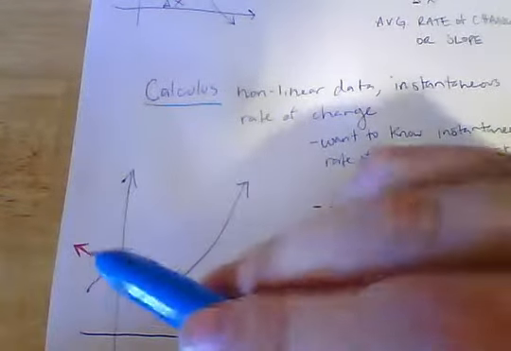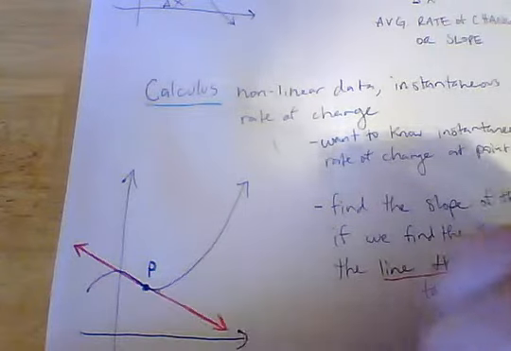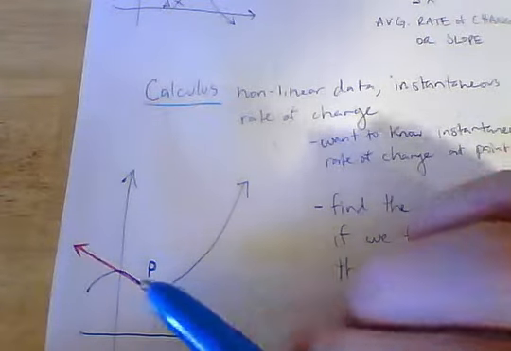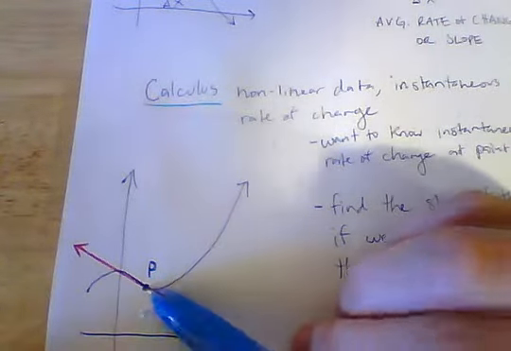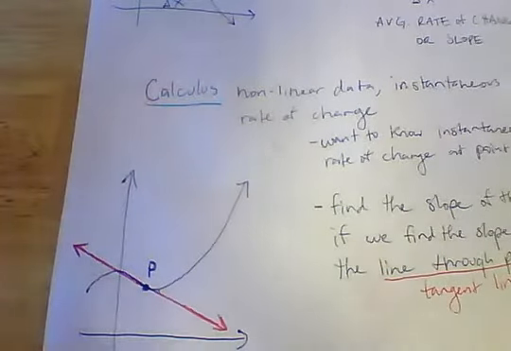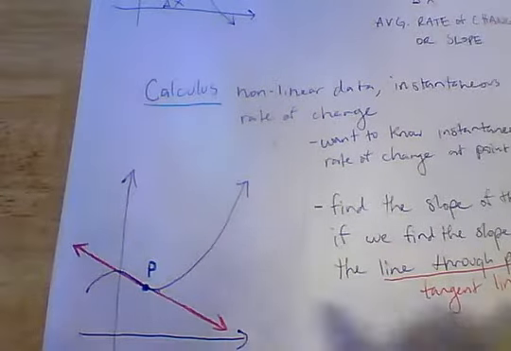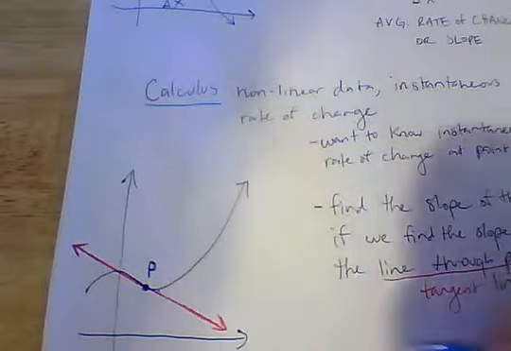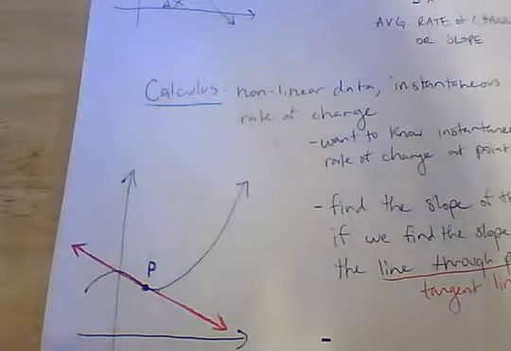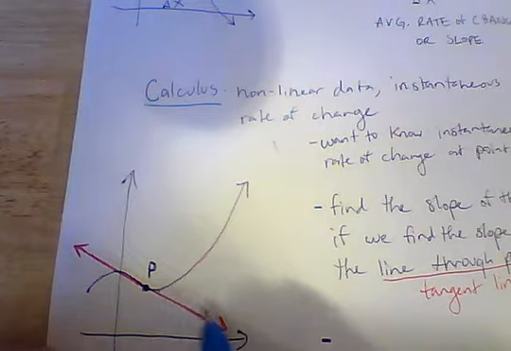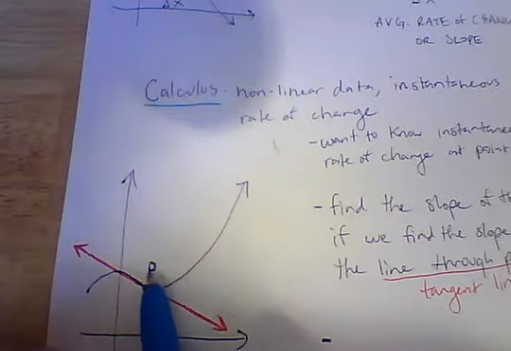And you can see that this line goes through point P and it has the exact same rate of change as this point. And so we can find the slope of that line, and then we'll have the slope of the point.